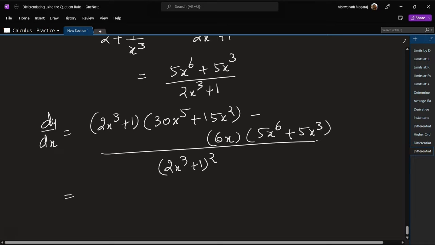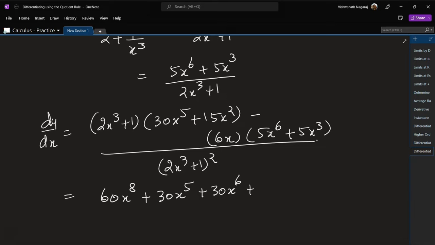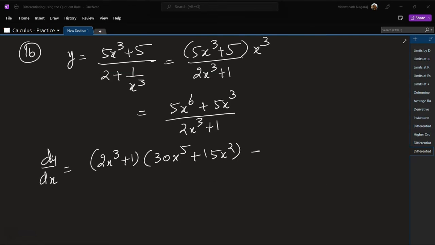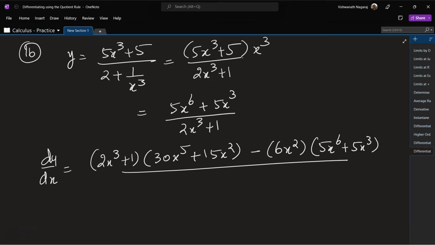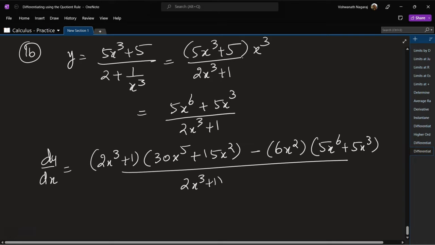Okay, simplification: 60x to the power of 8 plus 30x to the power of 5 plus 30x to the power of 5 plus 15x square, minus 30x to the power of 7, then we have minus 30x to the power of 4, minus the derivative of the denominator. So 6x square times 5x 6 plus 5x cube, divided by (2x cube plus 1) square.